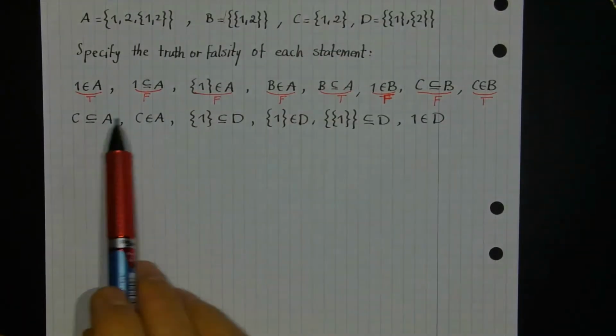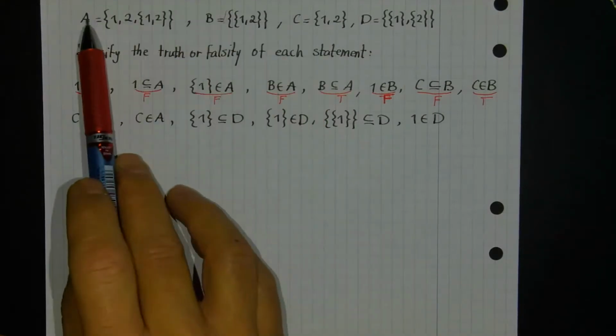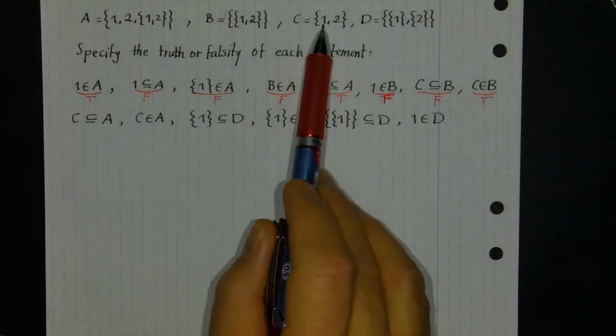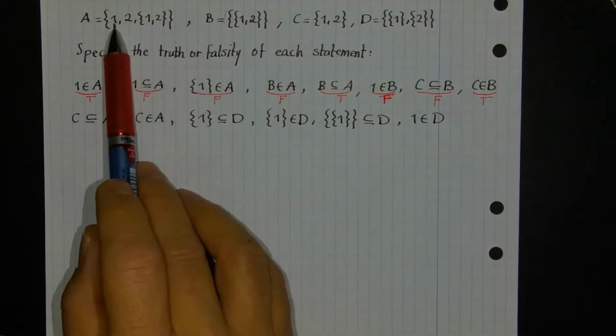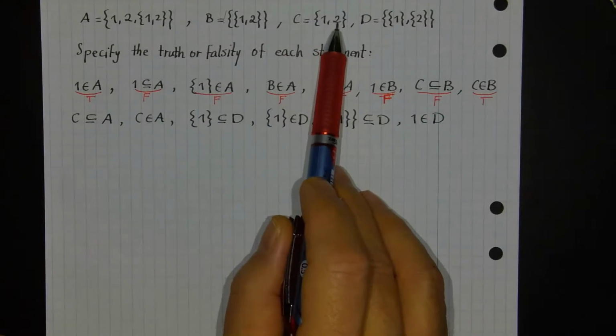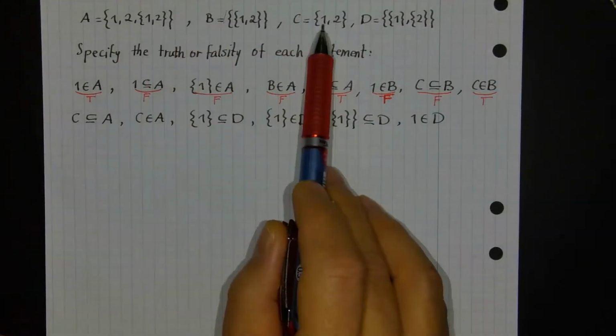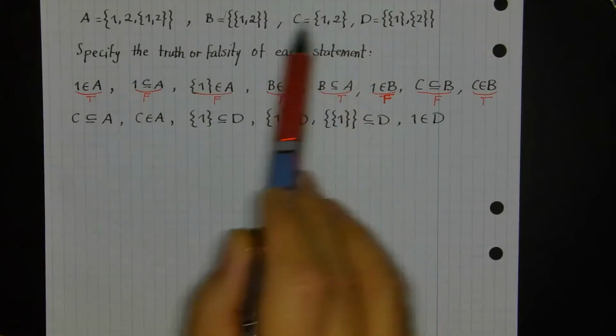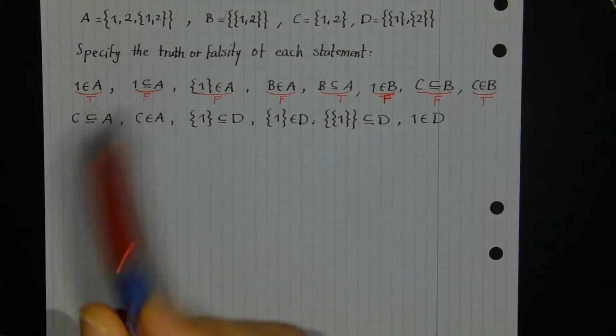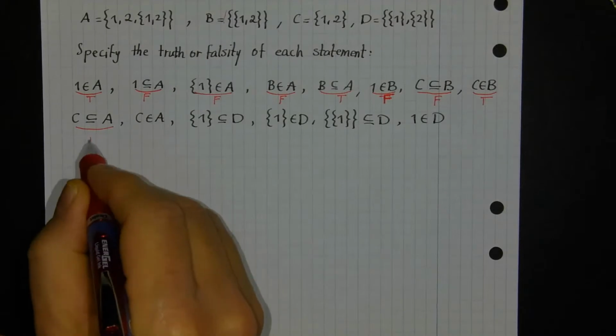And then I need to see, are these elements also in A or not? 1 in C is also in A. So that is good. The next element is 2. Here 2 also is an element. So every element here is also an element here. So this means that this is true.